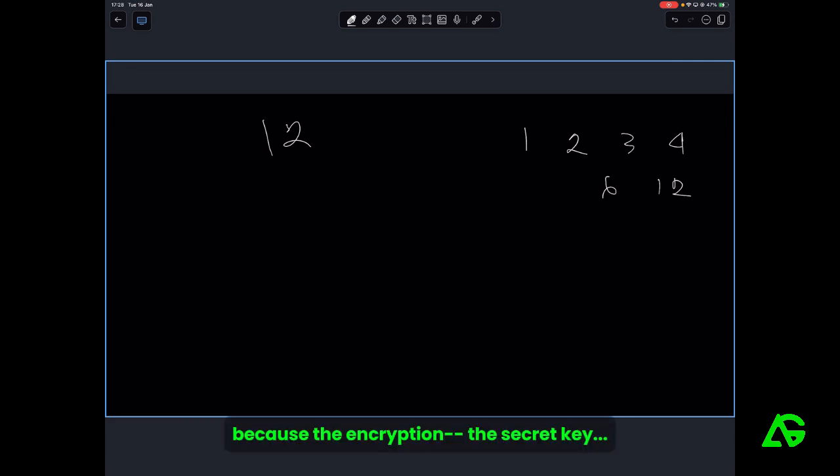In encryption, the secret key uses prime numbers to generate those values. We use two very big prime numbers. When we multiply them together, it will be very difficult for an attacker or anybody to find those two numbers by factorizing them.